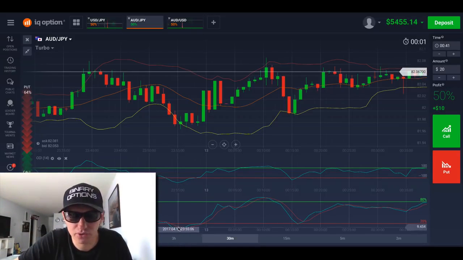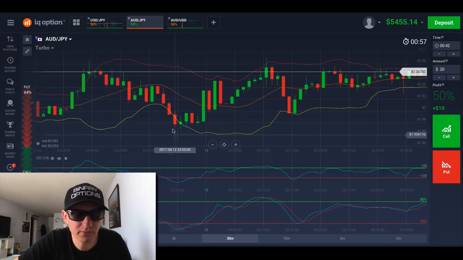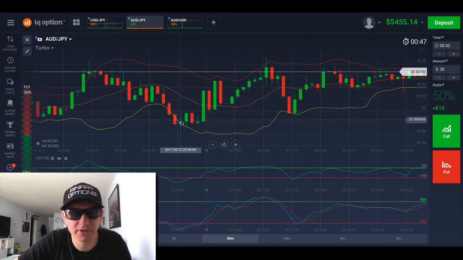The stochastic shows us the 20% level breach, and we have 4 candles showing us the downwards movement.